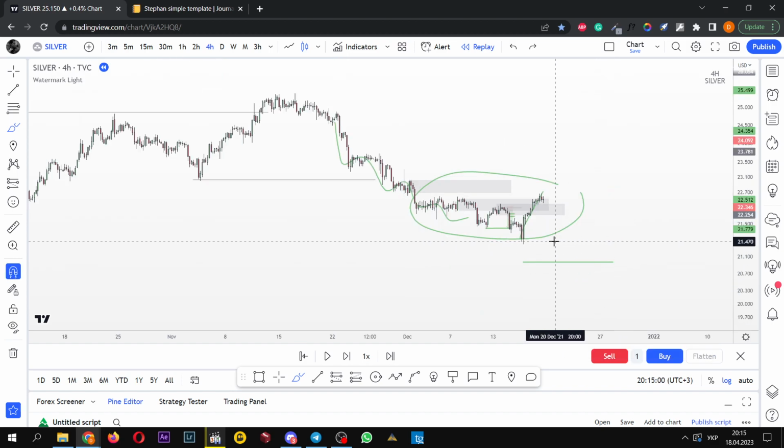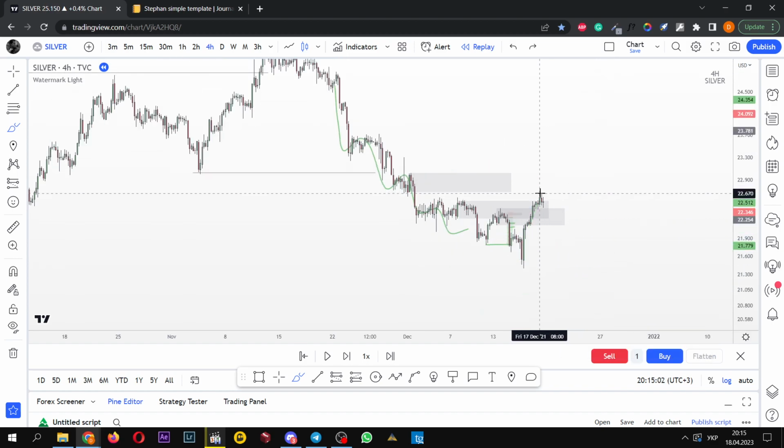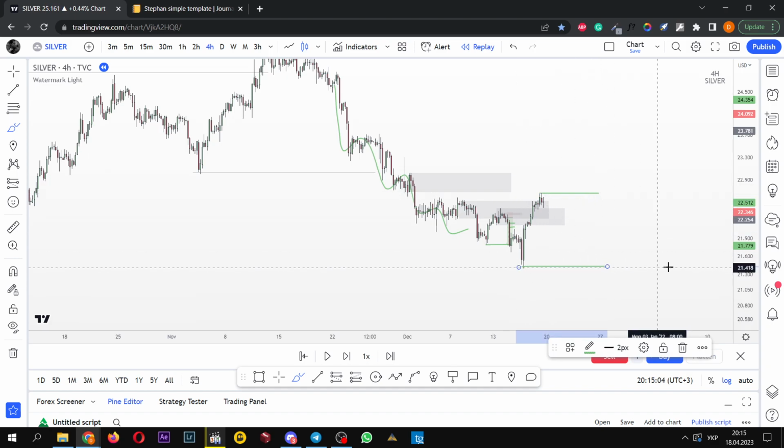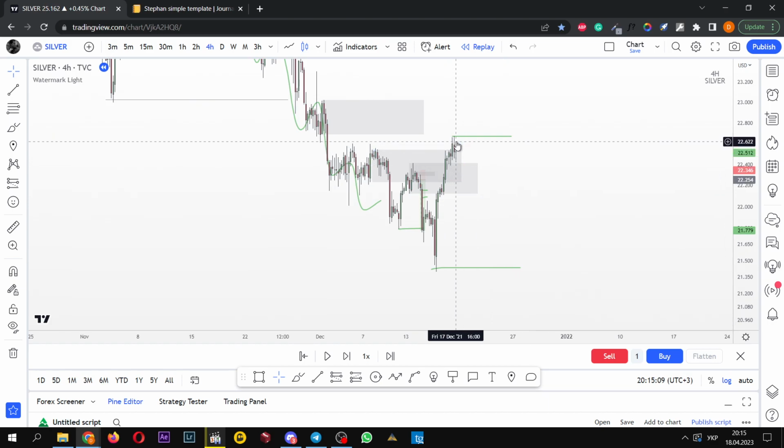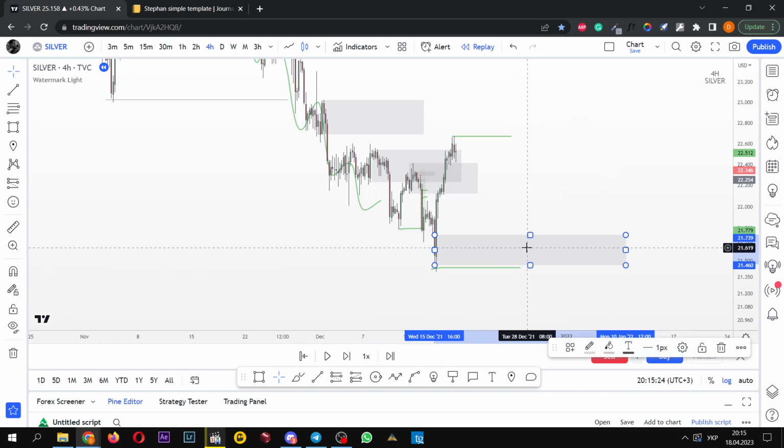So basically we are working now with this range, and I'm okay with either taking shorts from here on 1 hour basis, but I'm aware that this is a bullish range on 4 hours, and I will just see what will happen next after we tap into the zone.